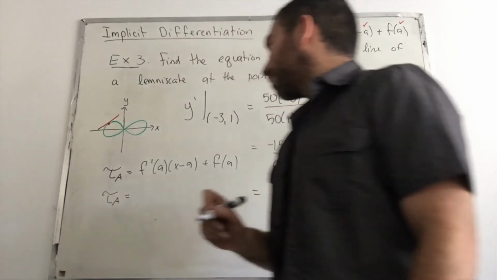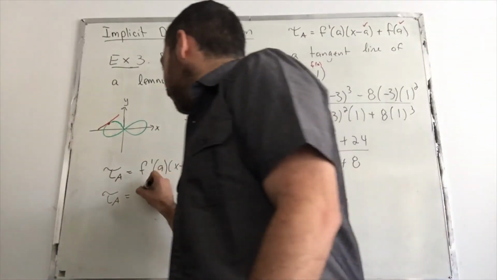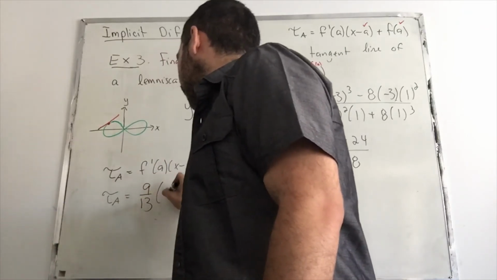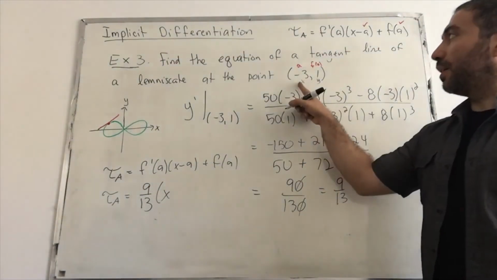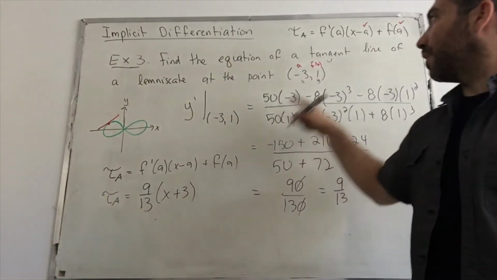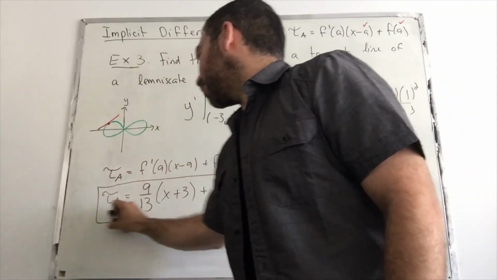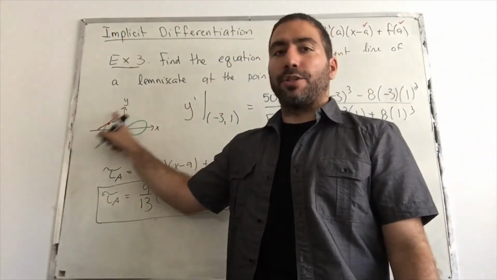F prime of a is essentially the slope, which we got is 9/13. x minus a, our a is negative 3, so it becomes x plus 3. And our f of a is our y, plus 1. And this is the equation of this tangent line.